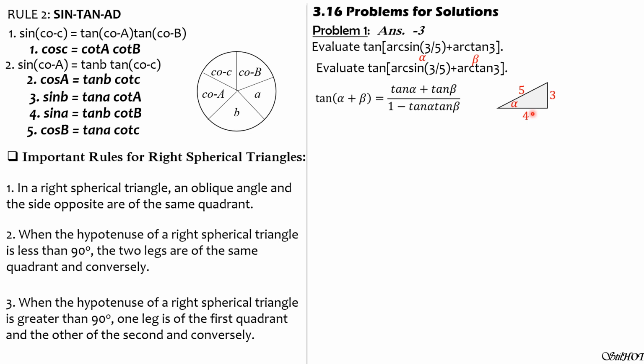So therefore x should be 4, and tangent of beta is just 3. There's no need to draw a triangle. So the tangent of alpha is 3 over 4. So 3/4 plus 3 over 1 minus quantity 3/4 times 3. And that is equal to -3 rather.